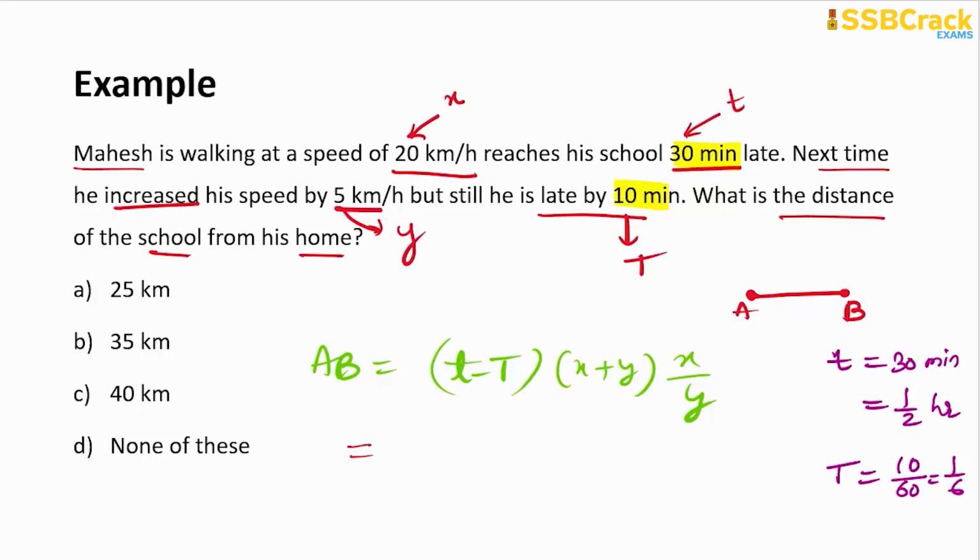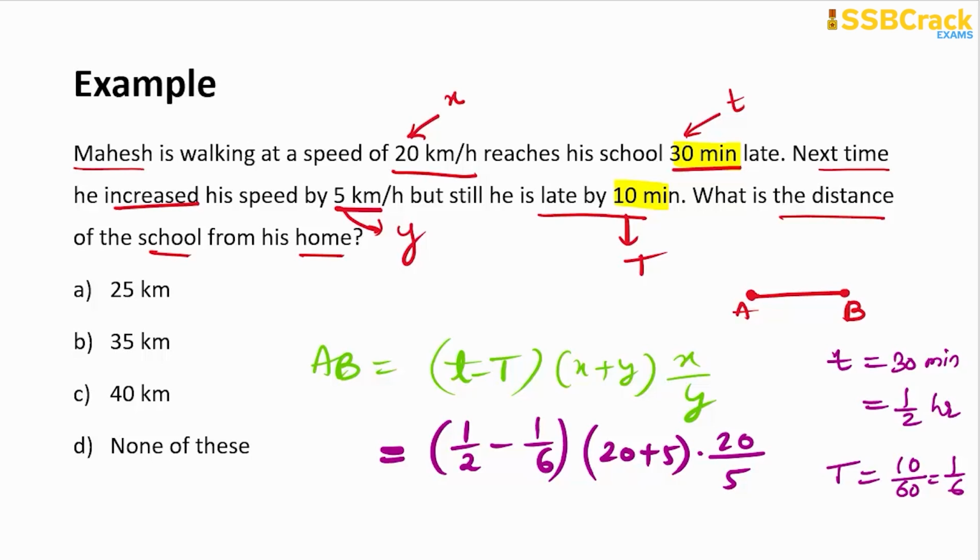So AB is equal to small t, that is half, minus capital T, that is 1/6. This is multiplied by X plus Y. X is 20 km per hour, Y was 5 km per hour, and into we have 20 upon 5, right?